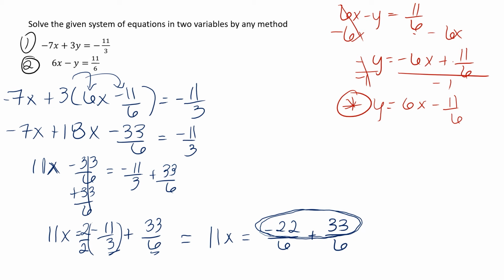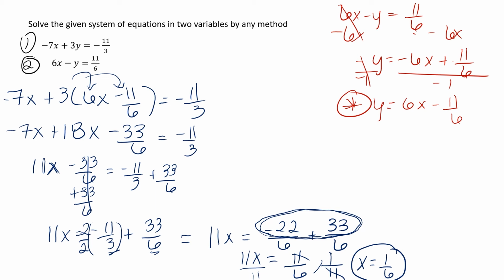So 11x equals positive 11 over 6. Right, from here I'm going to divide by 11. When you divide by 11, remember you flip the second fraction, so it becomes 1 over 11. These cancel out, so it's going to be 1 over 6. So x equals 1 over 6.